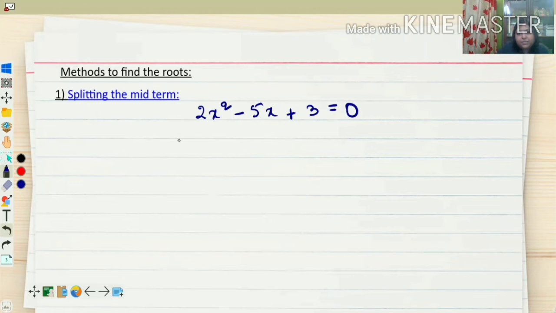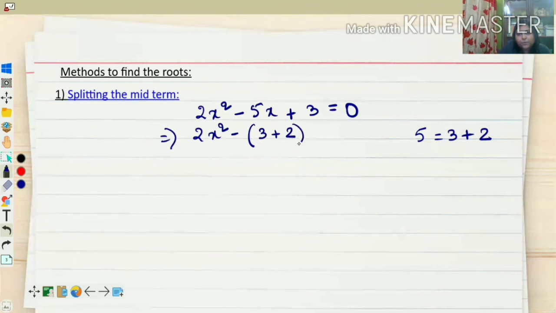Splitting the midterm means, how can you write 5? 5 can be broken down into 3 plus 2. Okay, so we can write it as 2x square, minus is outside, 5 we can write as 3 plus 2, into x plus 3 equals 0.